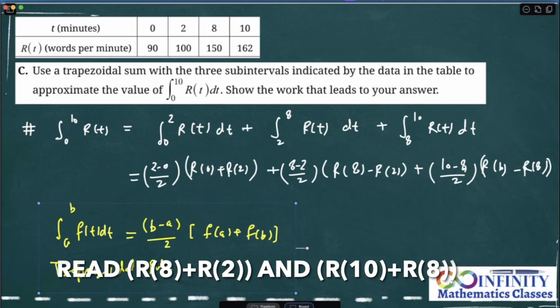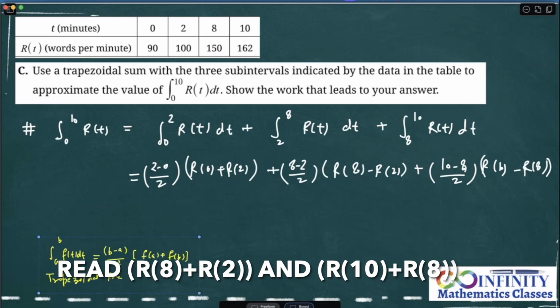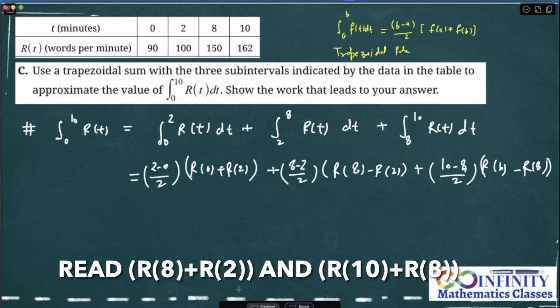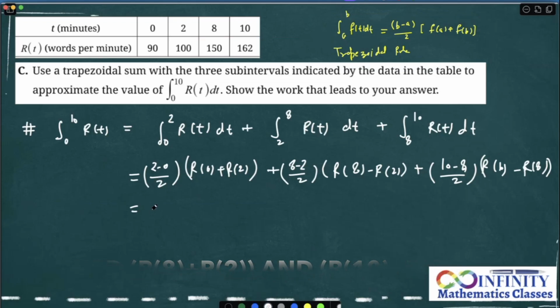No. Okay, so let me just post this here. After applying the values and simplifying, 2 by 2 is going to be 1. R(0), oh, sorry, the sign is going to be positive. My mistake, the sign is going to be positive. It is going to be 1 times, R(0) is 90 plus R(2) is 100. 90 plus 100, whatever it is. 8 minus 2 is going to be 6 by 2, that is 3.